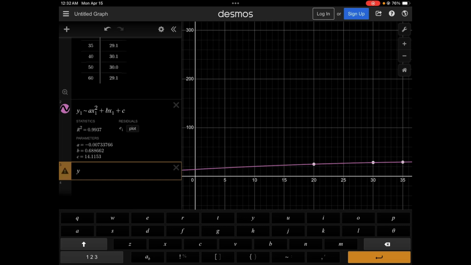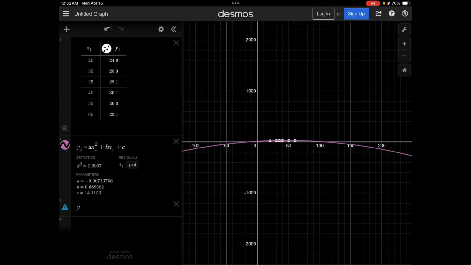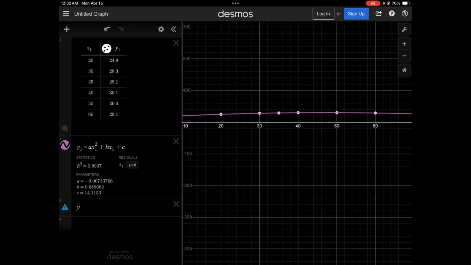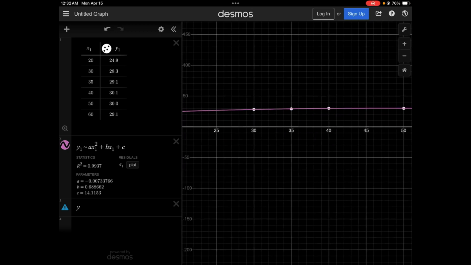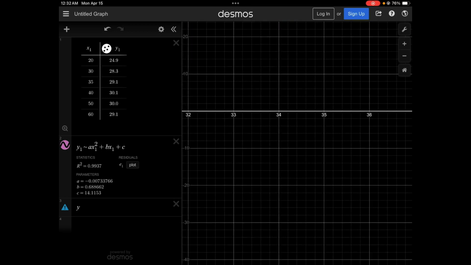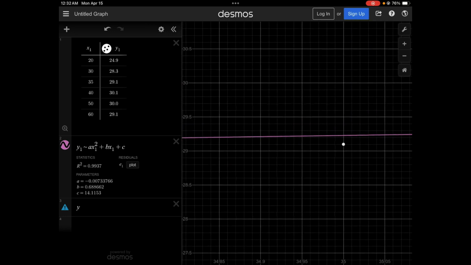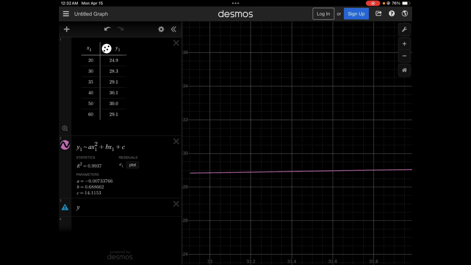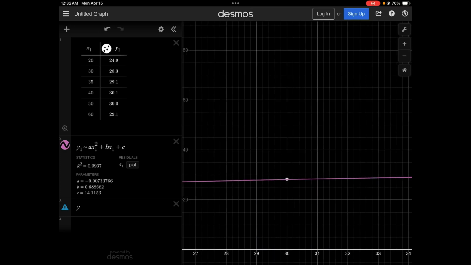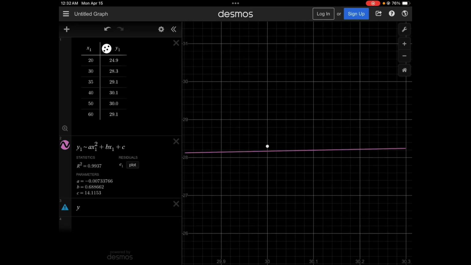It's still going to be the same as the pink line, and let's see how well the data fit on the quadratic. You see that it fits pretty accurately, actually. Now if I go really close to it, you see that it misses some points, but it looks like it is a good estimate.